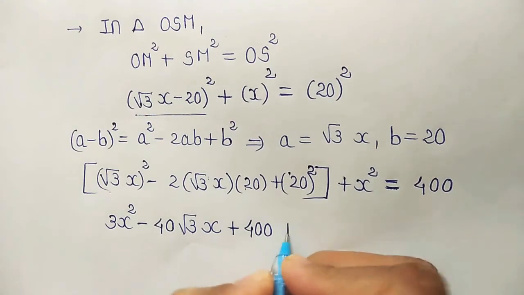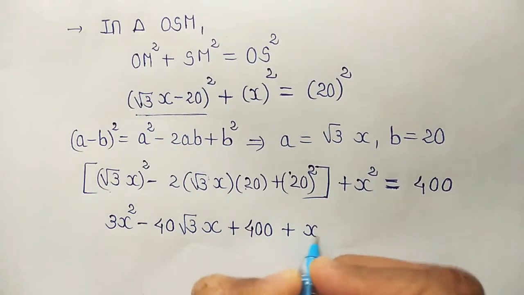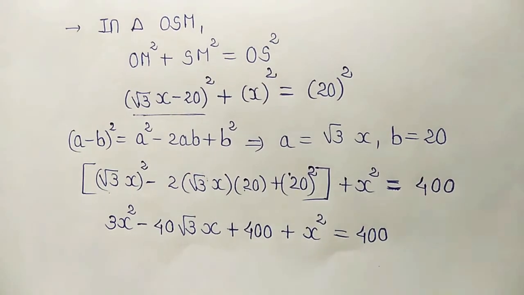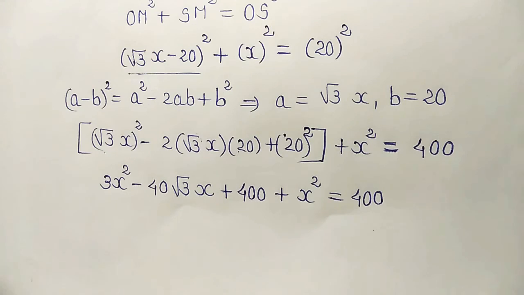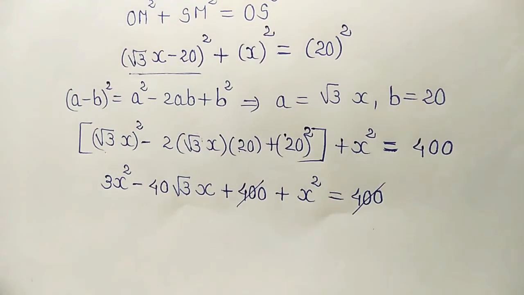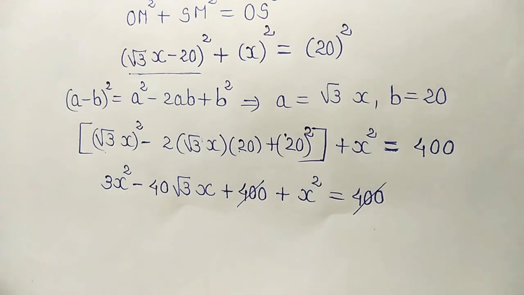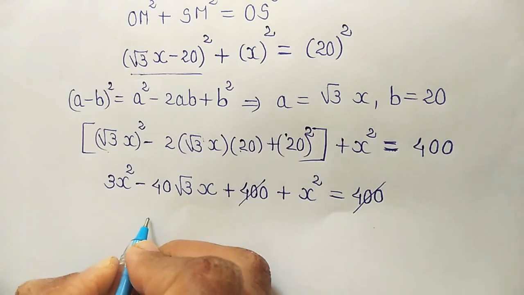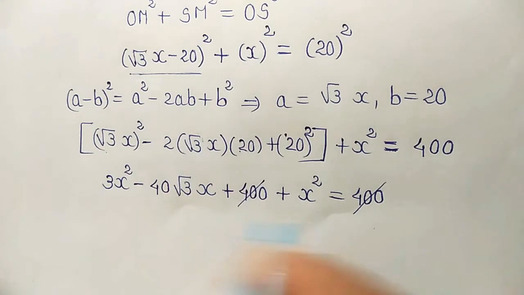400 plus this x square is equal to 400. On both sides we have 400, it will be cancelled. So we are left with x square, 3x square and x square.